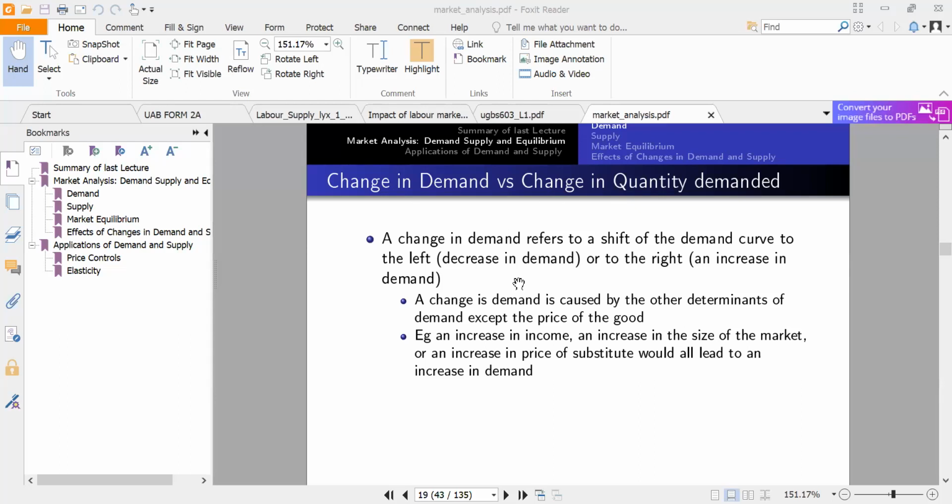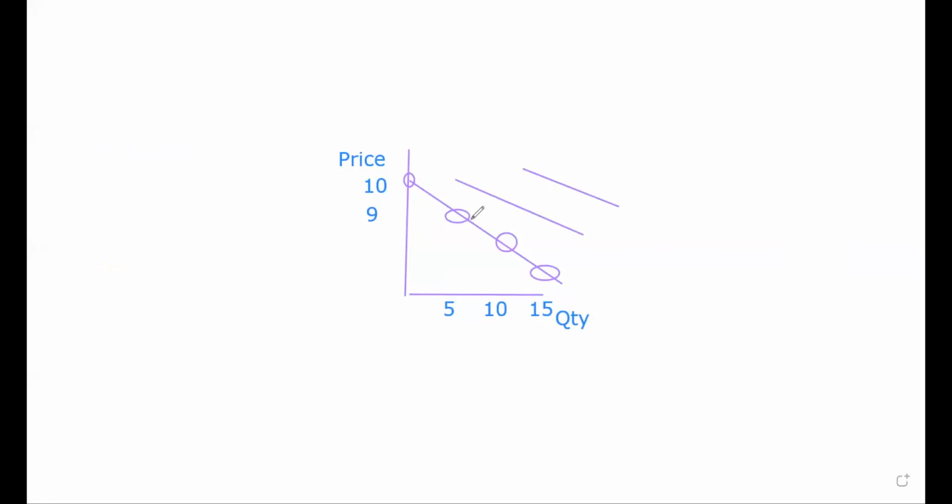If we say your demand has changed, it means that the curve I drew has moved either to the left or to the right. I think it's still on the whiteboard. A movement from the original line to the right is a change in demand.